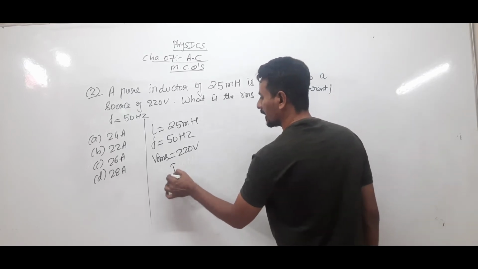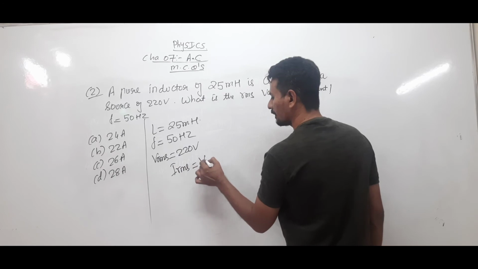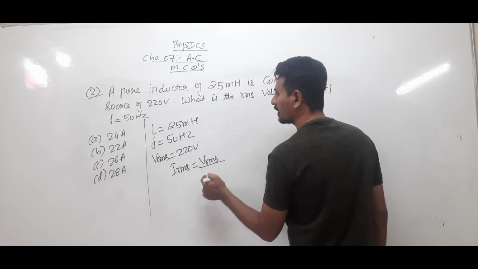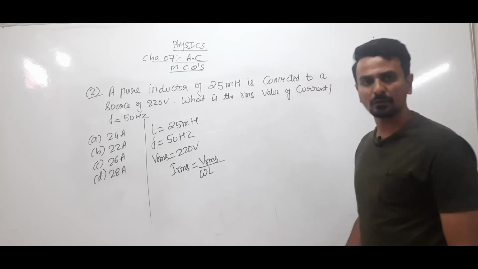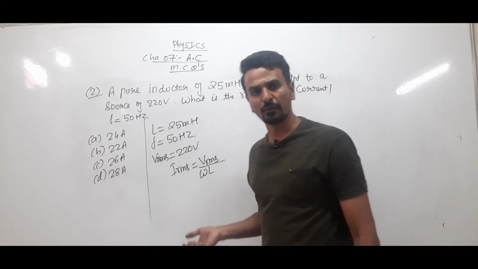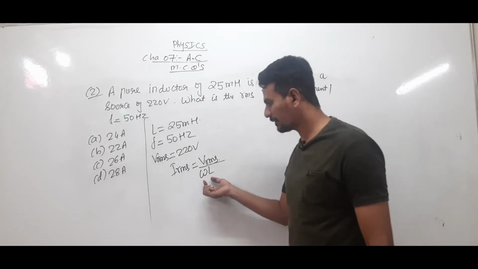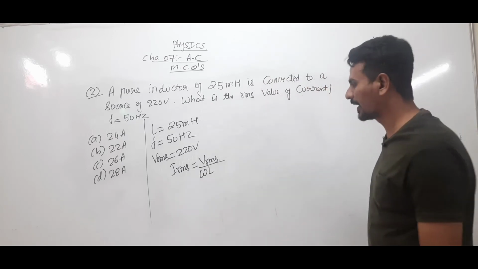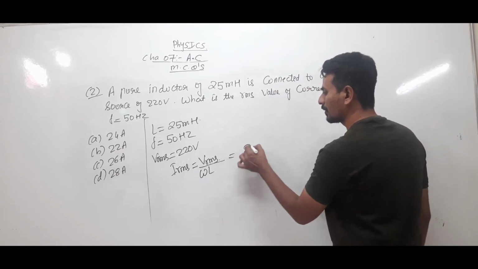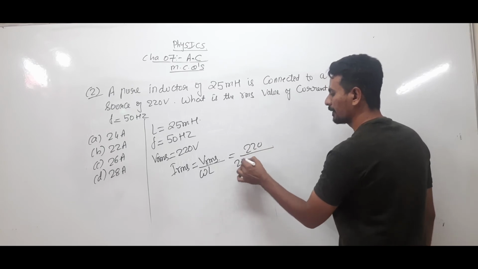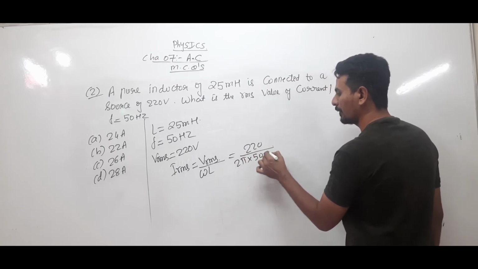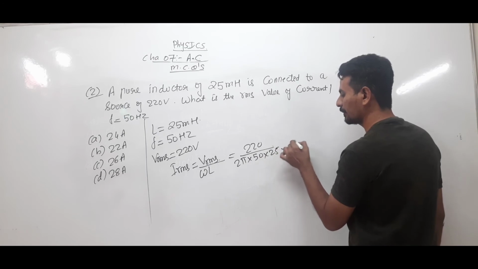Current IRMS will be equal to VRMS by resistance, that means XL. Since only an inductor is present, we put its resistance, which is equal to XL, that is omega L. Substitute the values: 220 upon omega, that is 2 pi f, into L, 25 millihenry, that is 25 into 10 raised to minus 3.